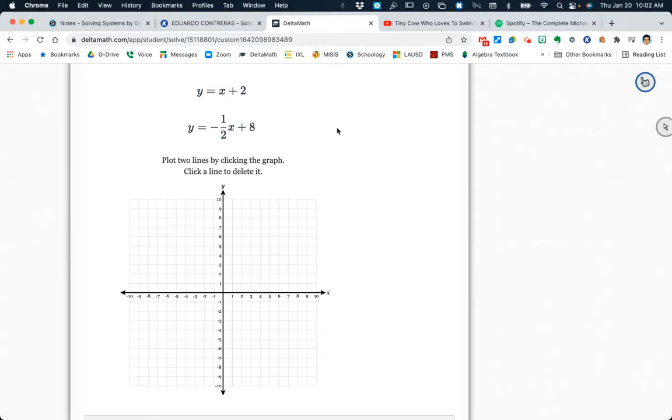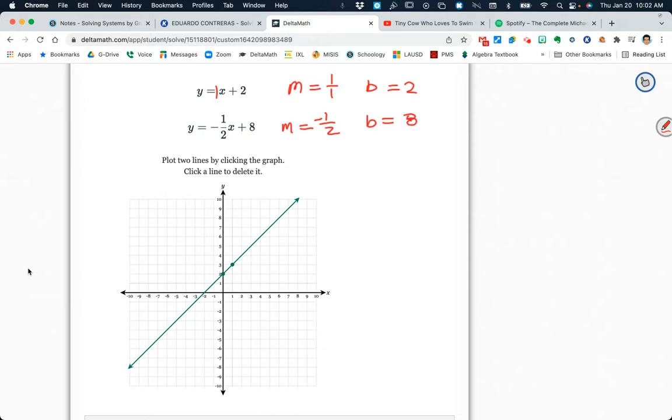So our slope is 1 over 1 and our y-intercept is 2. First point is at 2. Then we're going to do up 1 over 1 for the slope. There's our line.